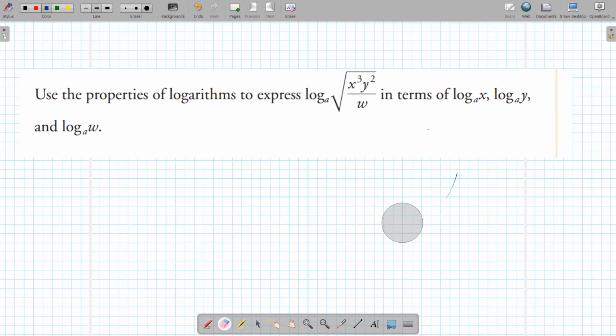the goal here. But before we get to do that, you see this big square root? If you want to write this as log base a of x cubed y squared w to the power of something, what is the exponent here?